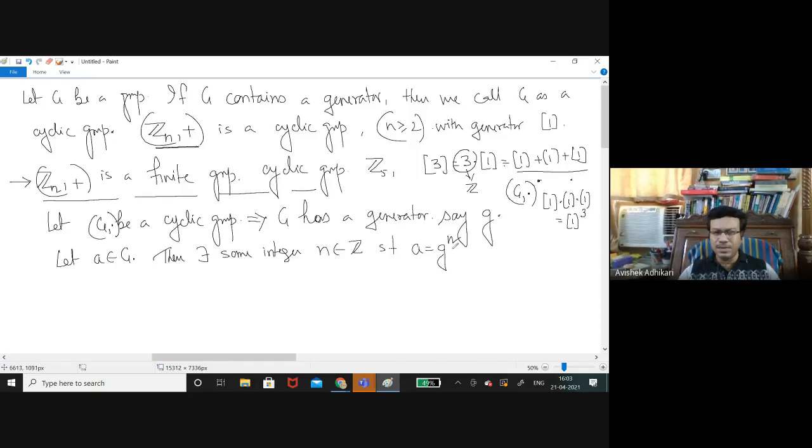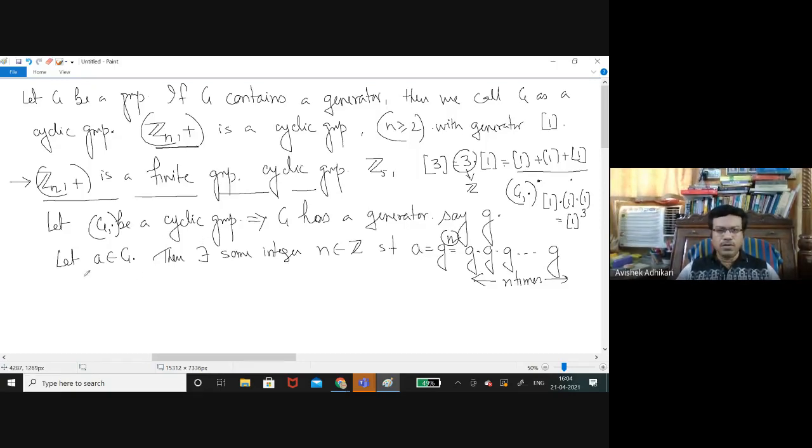As a result, this means g dot g dot g dot g, n times. Okay, that's why this is on the power. If I write it with plus, then it would be n into g. That means g added n many times will give you this a. Is it clear? Okay.